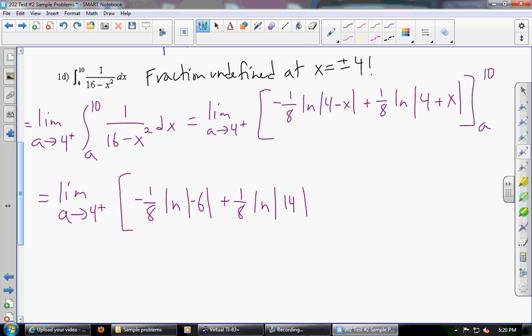So that's one thing. I'll put it in parentheses. And then we're going to subtract, and then we're going to have another big thing in parentheses where all of the x's become a's. And we're just copying it all down. Minus 1/8 ln of 4 minus a plus 1/8 ln of 4 plus a.